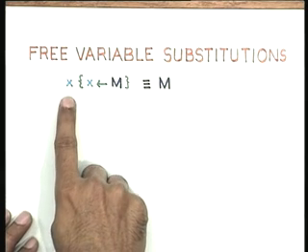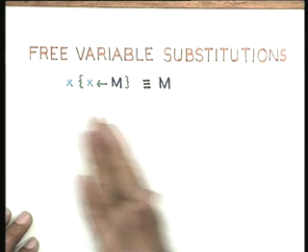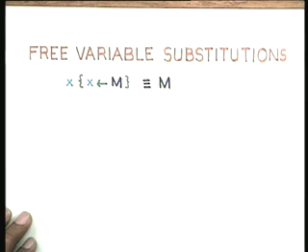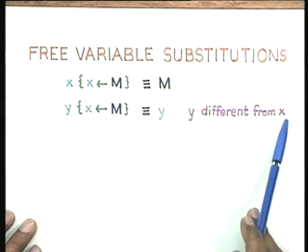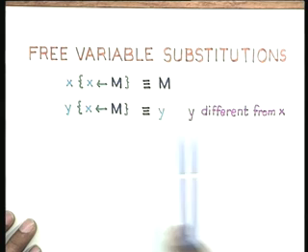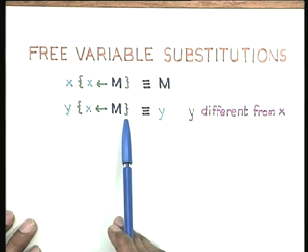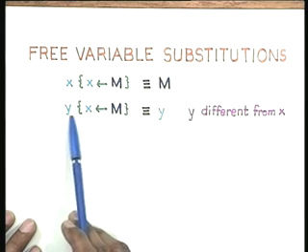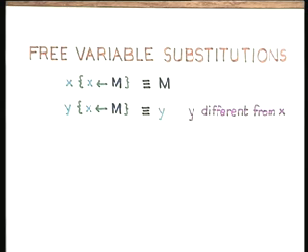So, if I have a lambda term x and I am going to replace x by m, then the effect of this syntactic replacement is just to give me m, which is perfectly obvious. If I have the lambda term y where y is different from x, then the effect of doing this syntactic replacement, which essentially means replace all free occurrences of x in this term by m, and there are no free occurrences of x in this term, and therefore the result is just y, right.